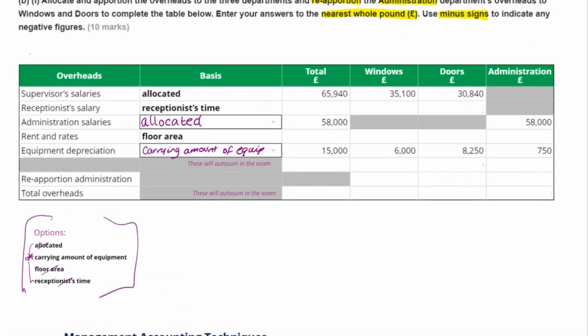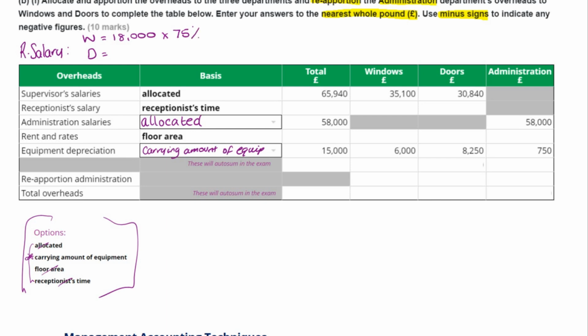So our calculation is going to be for the receptionist salary, we're going to have windows and doors. So 18,000, and for windows it was 75%.